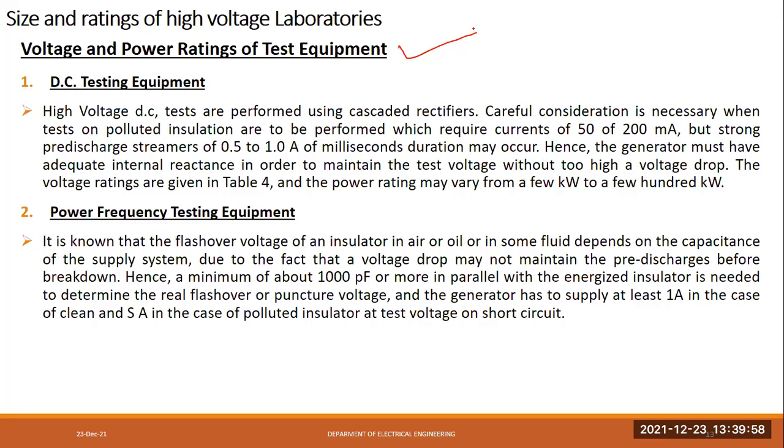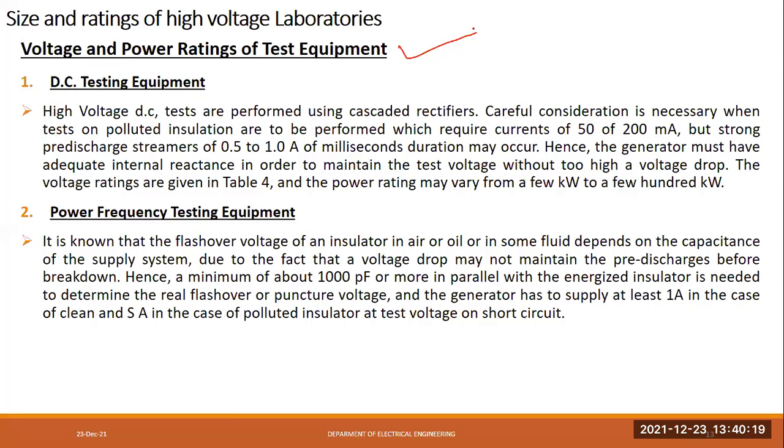High voltage DC tests are performed using cascaded rectifiers. As we already saw, the voltage and power rating of test equipment means, first, how much voltage it can afford. Second, how much power it is going to deliver.